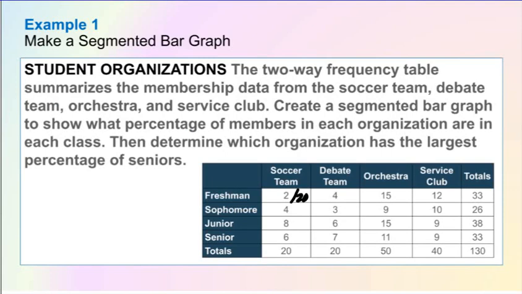So if I divide everything by 20 here, and then the debate team, divide all those by 20. And then orchestra by 50. And then the service club by 40.